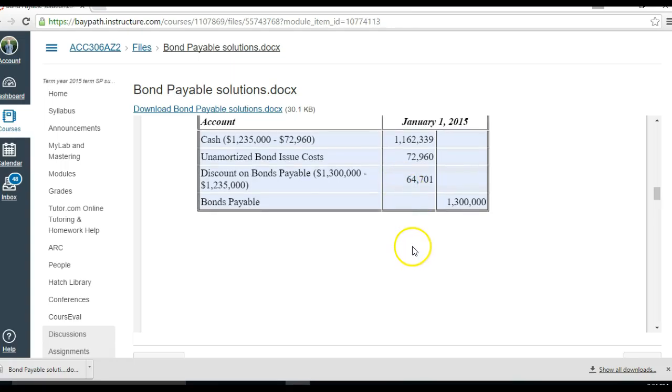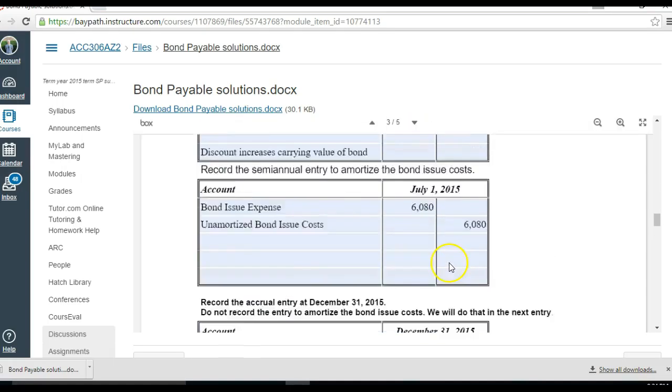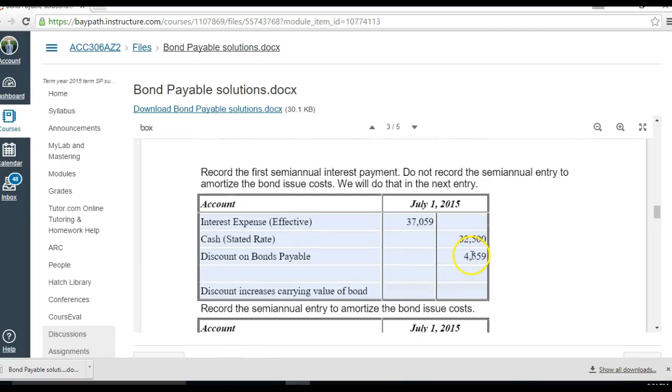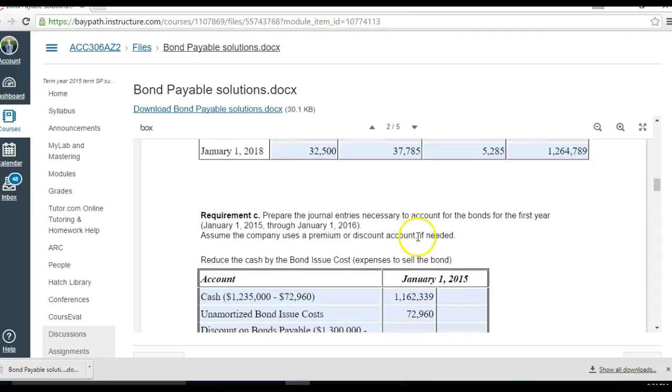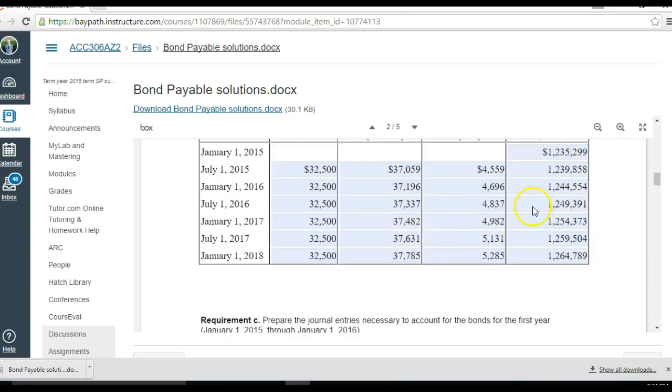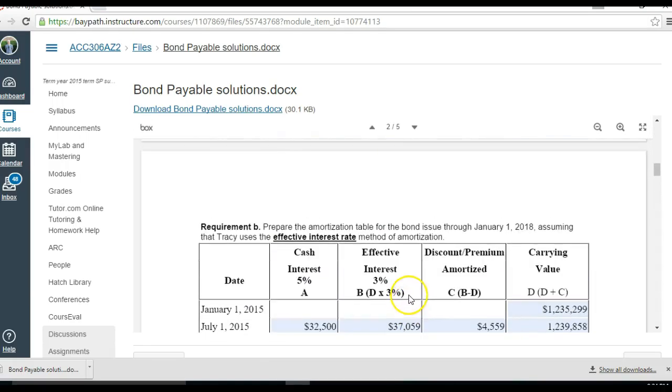That $64,701 now is being amortized by $4,559. So the discount decreases. Because this is a contra liability, which reduces the carrying value, gets netted against our $1,300,000 bond payable, because our carrying value goes up, that means our discount will be netted down.